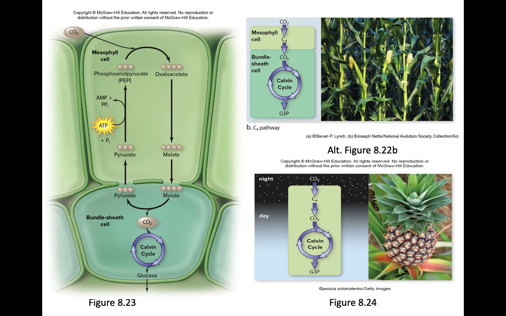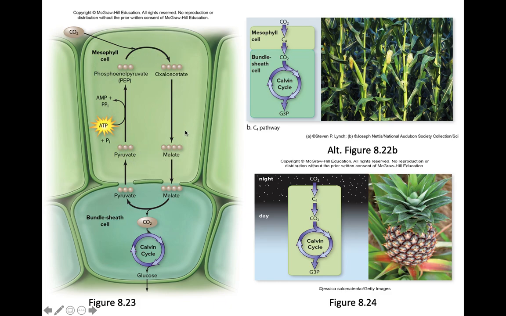In C4 plants, the process of carbon fixation and the other reactions in photosynthesis are separated into different cells. This process involves the addition of a second pathway by which the cells are able to attach the CO2 to an organic molecule that's going to help shuttle it to the Calvin cycle. So that's what you're seeing here, the spatial separation of attaching CO2 to an organic molecule.